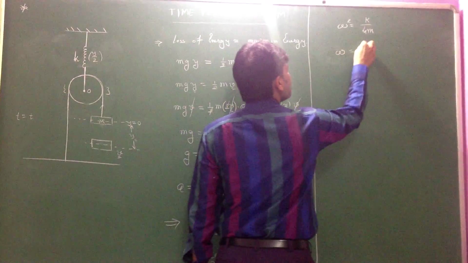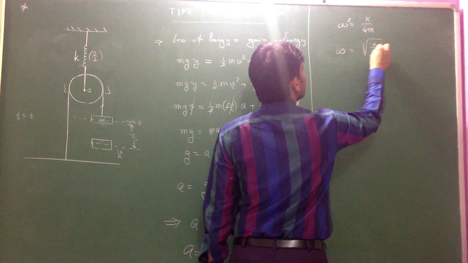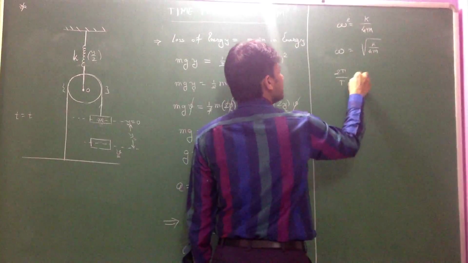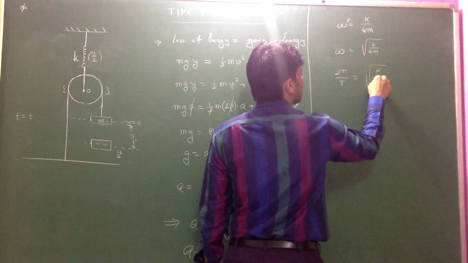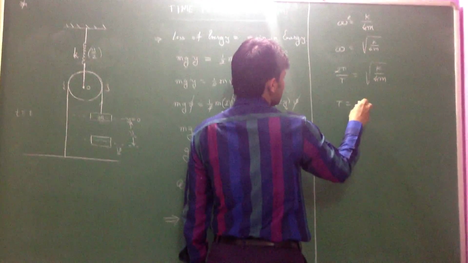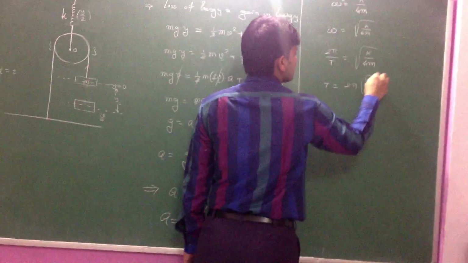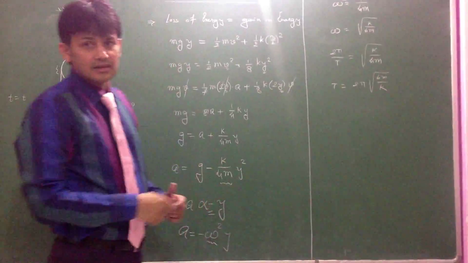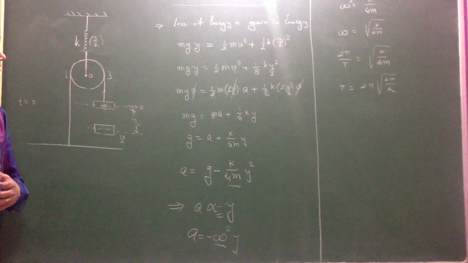So omega is equal to under root k by 4m. Omega is 2 pi by T. So you will get T is equal to 2 pi under root 4m by k. This is the same answer that we got from the previous method.